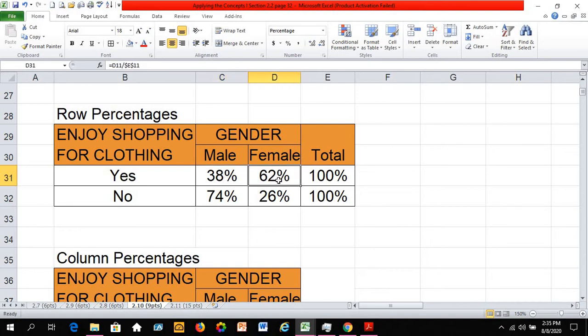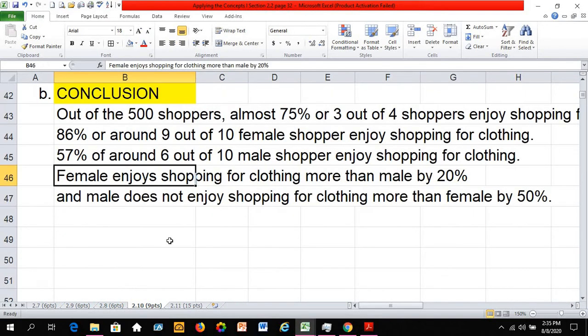The difference is 20%. So all those shoppers, or all those customers who love shopping for clothing, it seems that female enjoys shopping by more than 20% than male. So this is where I took my conclusion.